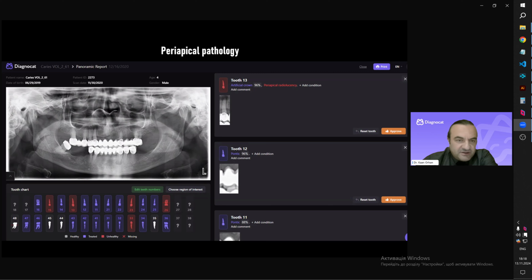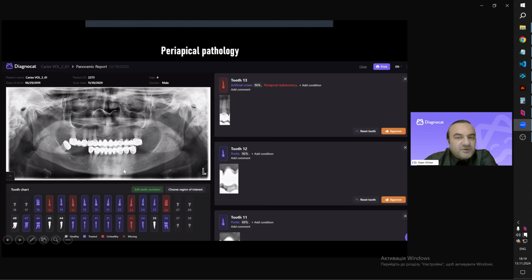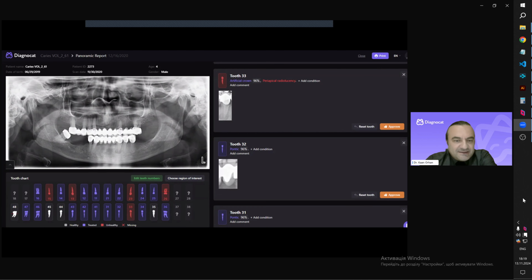But as you can see here, DiagnoCat gave you all the reporting and indicated here is an artificial crown and we have a periapical radiolucency here. So it's warning the dentist to be careful, this may be a periapical pathology.